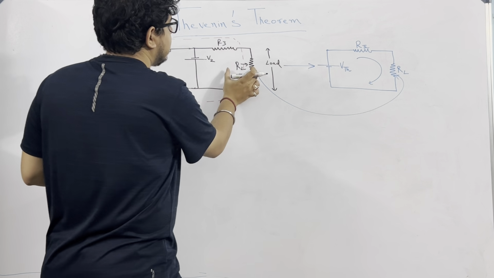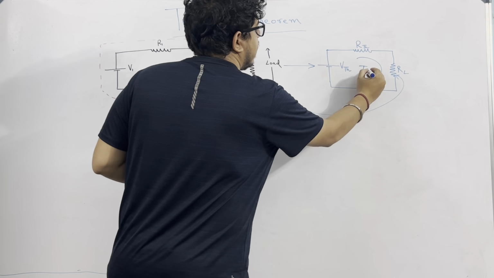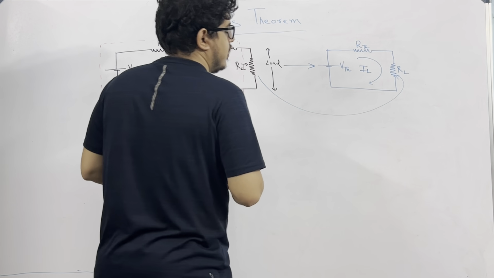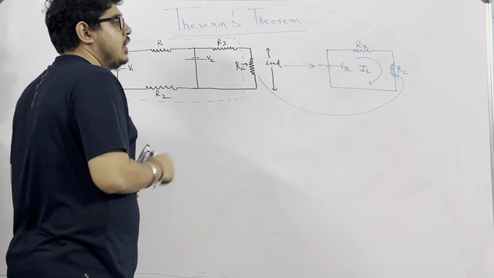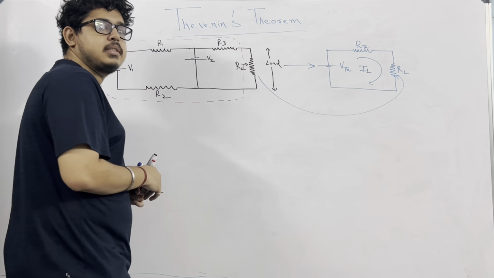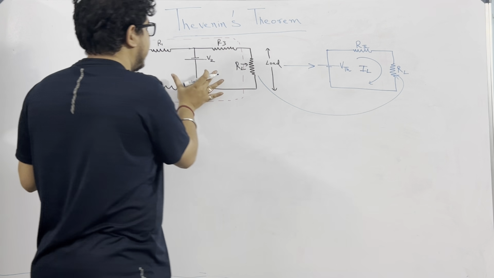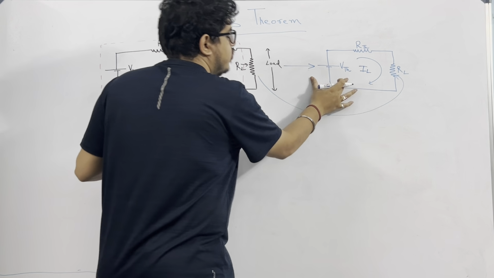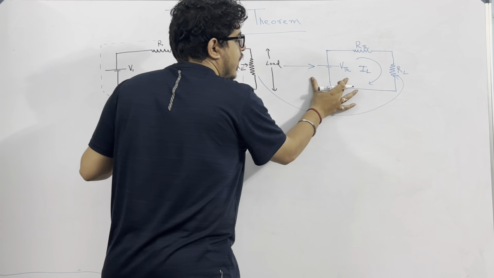So it's much easier to find the load current I in this single mesh circuit. How to convert any complex circuit into a Thevenin's circuit, we will discuss the steps in the next frame.